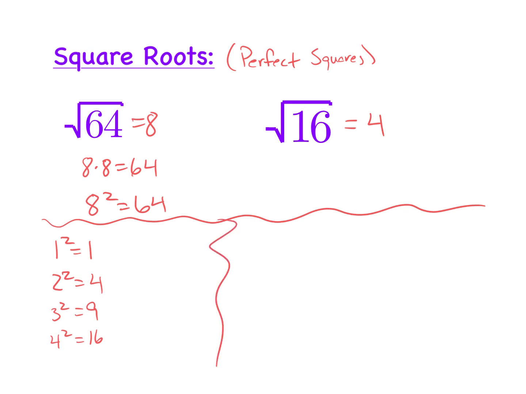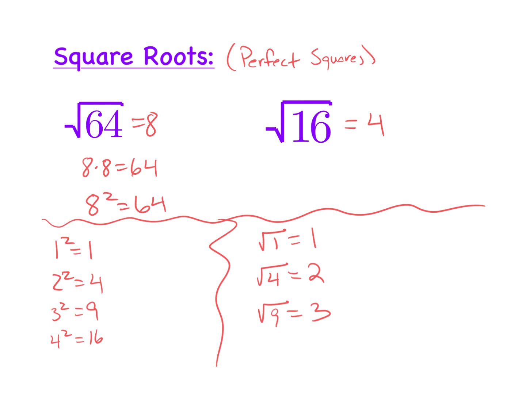So next, let's do the square roots. Square root of 1 is what? 1. Square root of 4. 2. Square root of 9. 3. Finish the rest in your notes. All right, so let's finish this. Square root of 16. 4.